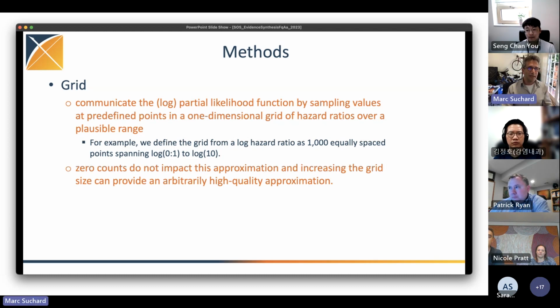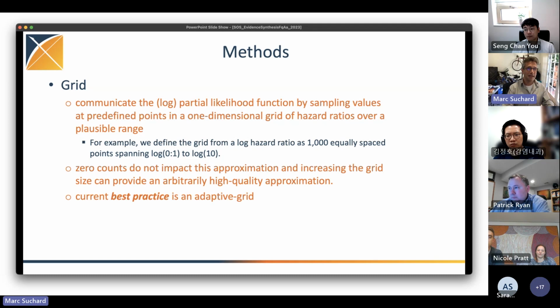And the reason is the zero counts: a monotonic likelihood function is not very well approximated at all by any finite distribution. The way to think about that is it's monotonic. It doesn't integrate to 1. It can't be a standard distribution itself.